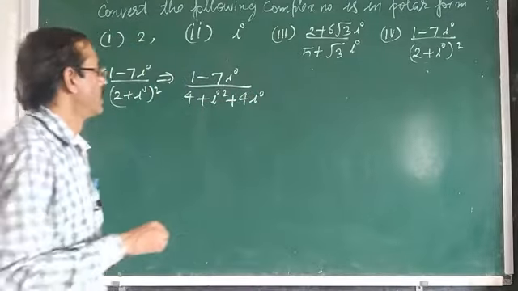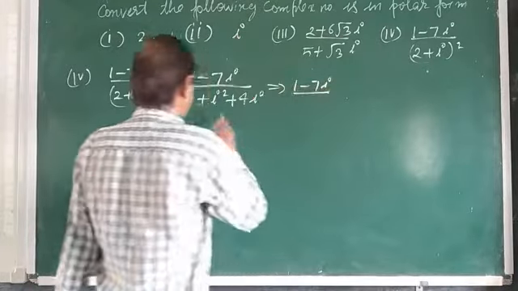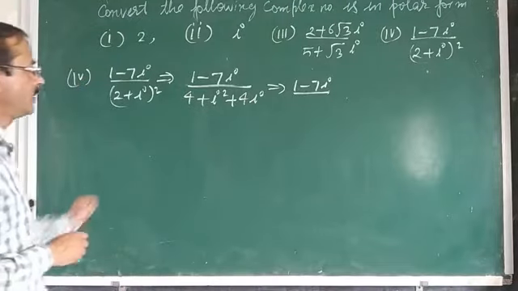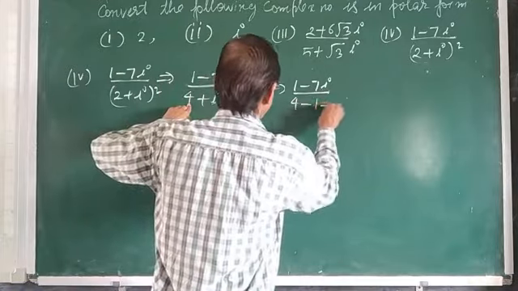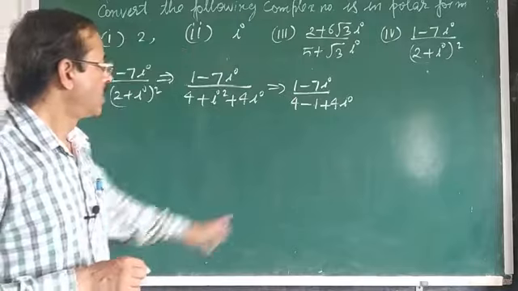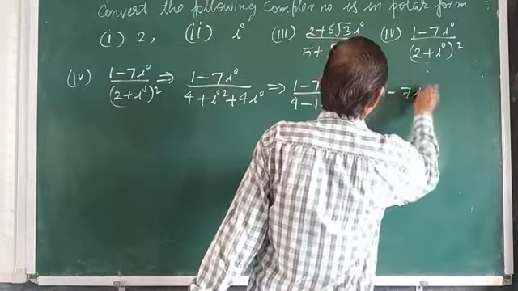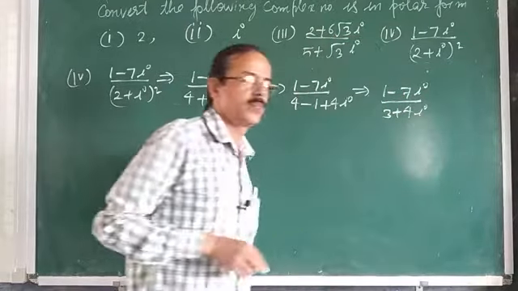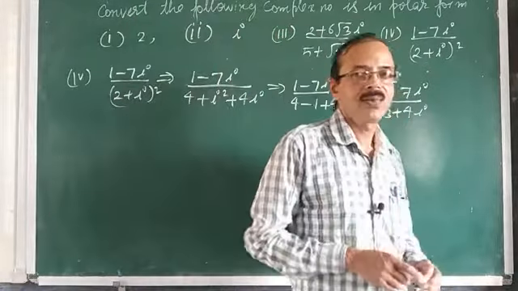Now iota square value is minus 1, so what will be here: 4 minus 1 plus 4 iota, right? 4 minus 1 that is 3, so 1 minus 7 iota upon 3 plus 4 iota, correct? Now we have to convert this into standard form.